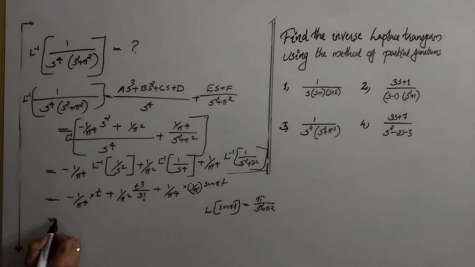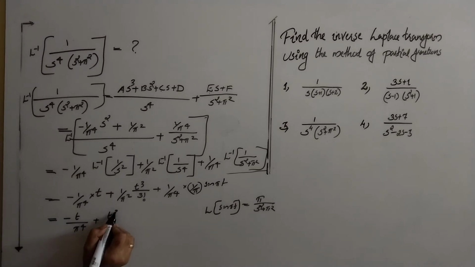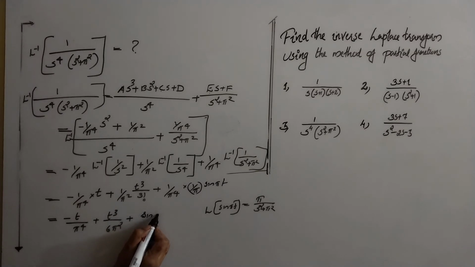So the answer is minus t divided by pi raised to 4 plus t cube divided by 3 factorial is 6 pi square plus sin pi t divided by pi raised to 5. This is the final answer.